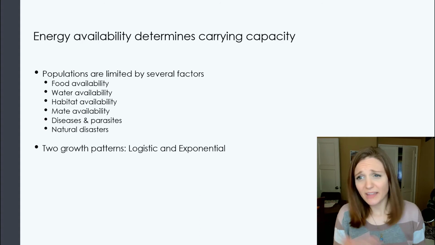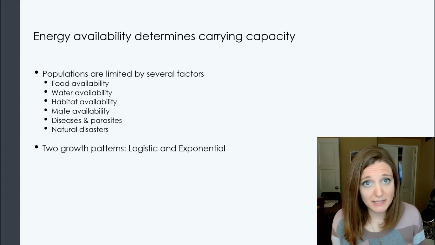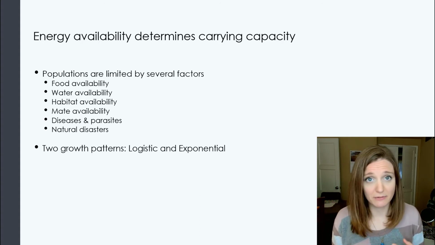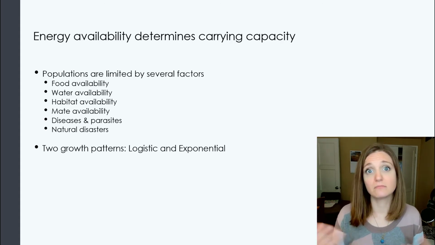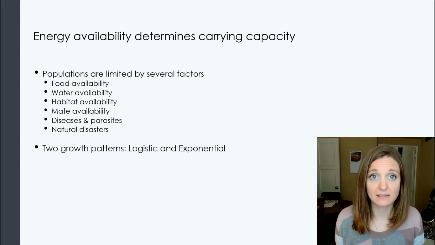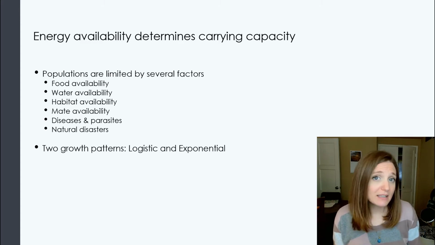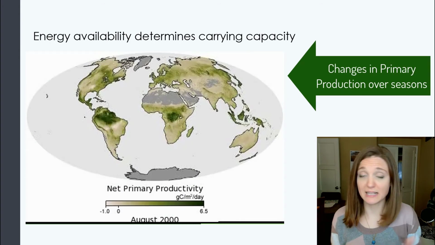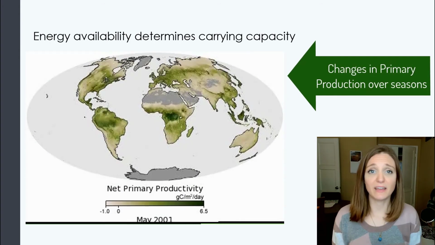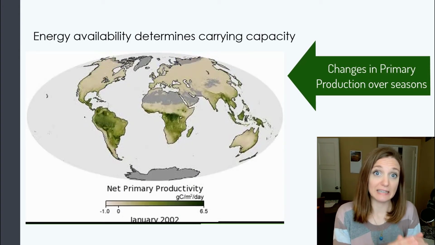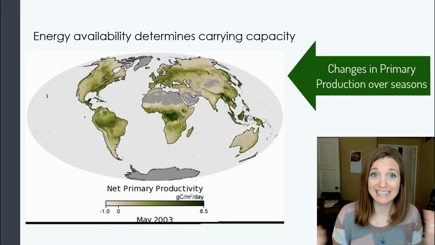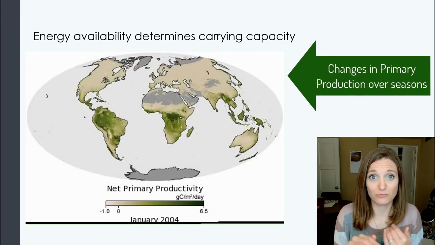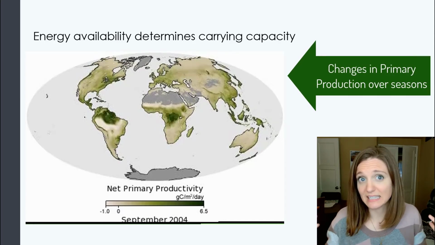So carrying capacity is going to be different for every species because every species has different requirements for food, space, nutrients, things like that. And the carrying capacity can change over the seasons, right? Typically in areas that experience drastic differences in their seasons, the carrying capacity for the population is usually set by the more drastic season where we see less food available.